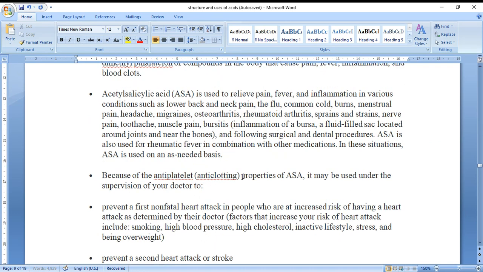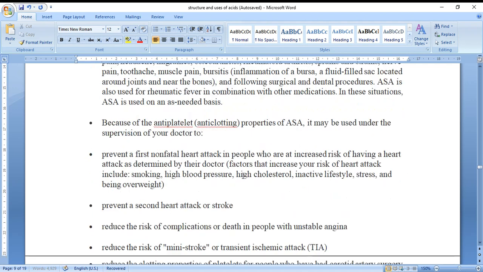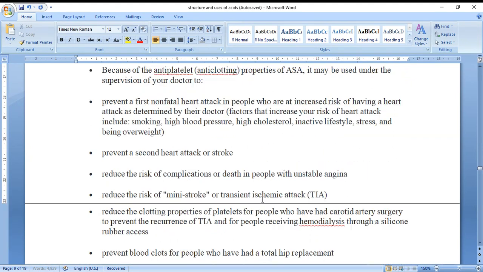And because of these anti-platelet properties, it is used under the supervision of a doctor. In order to prevent a non-fatal heart attack, generally they will use this acid.